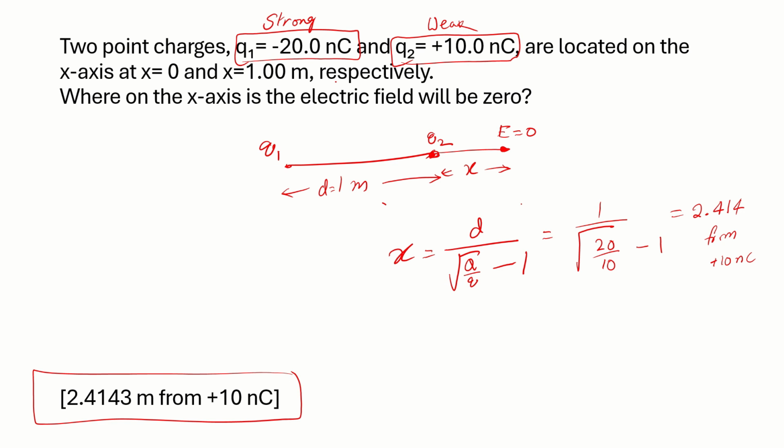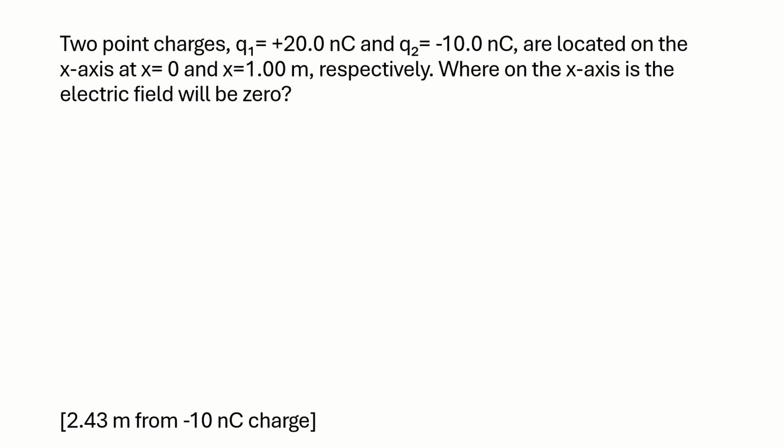Let's go to another problem. Two point charges, Q1 is plus 20 nanocoulomb, Q2 is minus 10 nanocoulomb. So one is plus, another is minus. They are located on the x-axis at x equal to 0 and x equal to 1 meter respectively. Where on the x-axis will the electric field be 0? Which formula do we use?